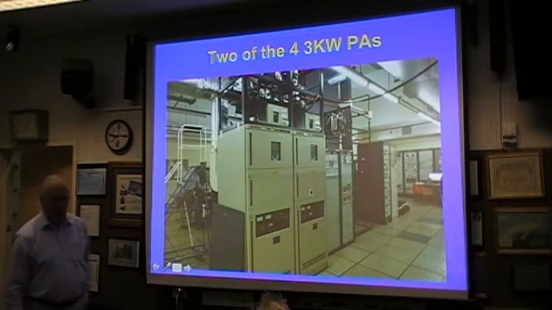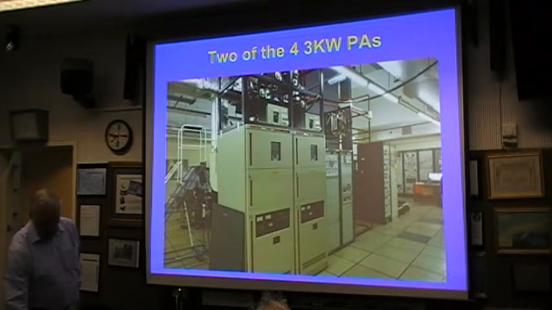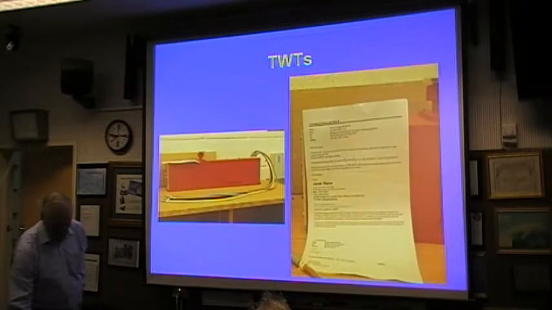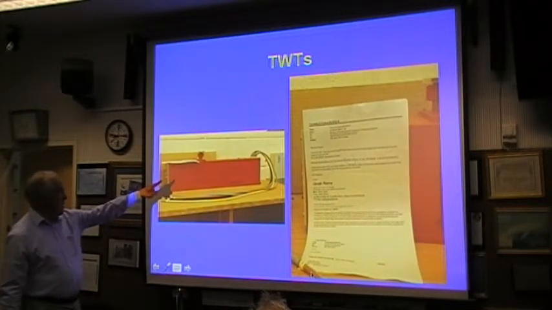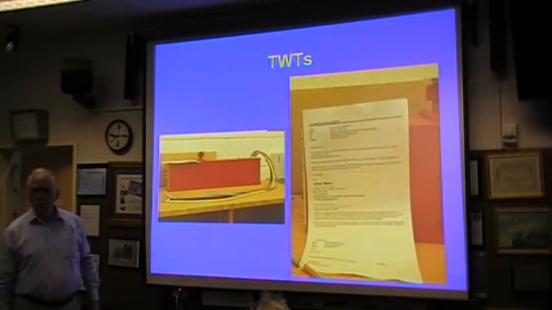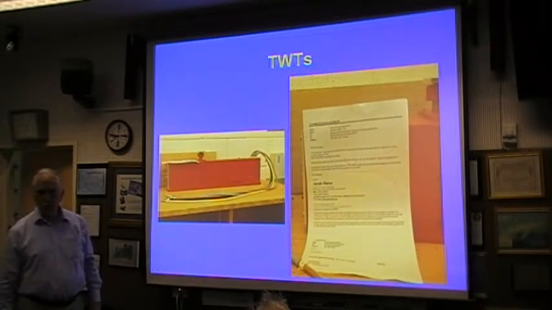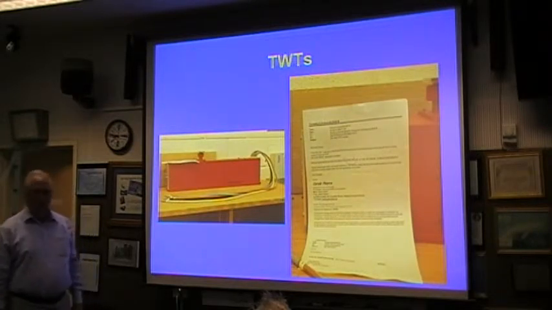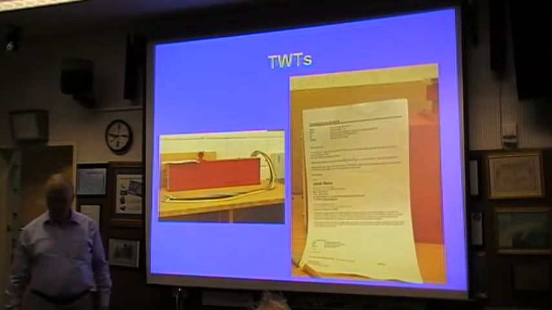They ran, I think it was 3 kilowatts each, and they have travelling wave tubes in them. It's the prime mover, and there is one of the travelling wave tubes, and there is a letter releasing 2 of the travelling wave tubes from stores. Cost £80,000. We found that lying around there, and I had to photograph that.